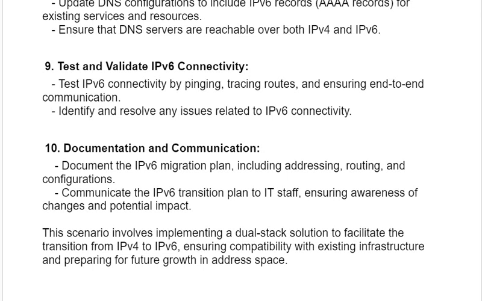This scenario involves implementing a dual stack solution to facilitate the transition from IPv4 to IPv6, ensuring compatibility with existing infrastructure and preparing for future growth in address space.